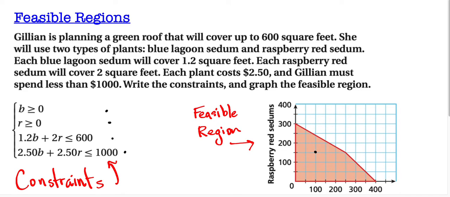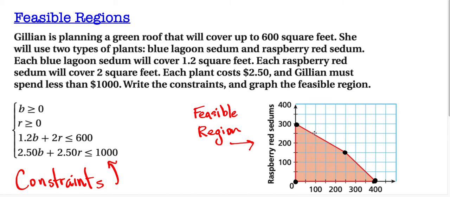Okay? Now what we're trying to do though, the reason we're approaching this, actually let me erase the dot in the middle. When you graph a feasible region, the corner points of the feasible region are where you're going to find your maximum and minimum information. So, like, it might cost you the least amount of money, but cover the most.